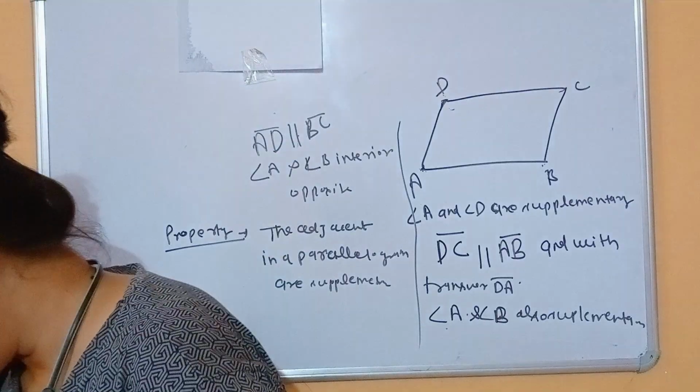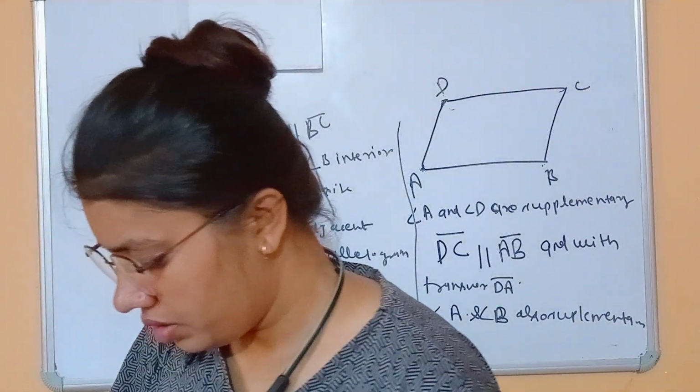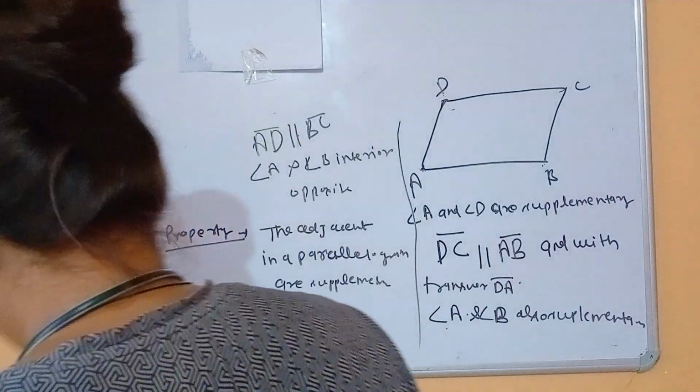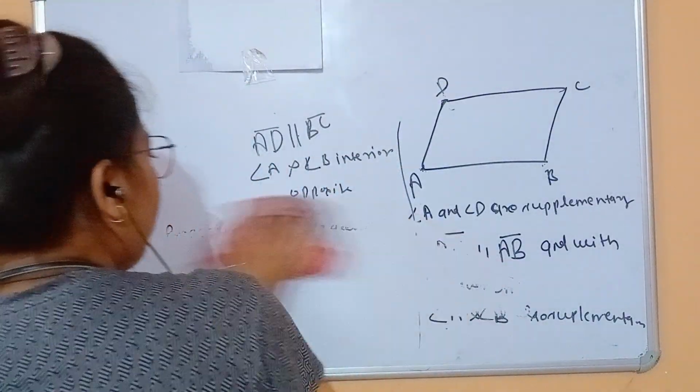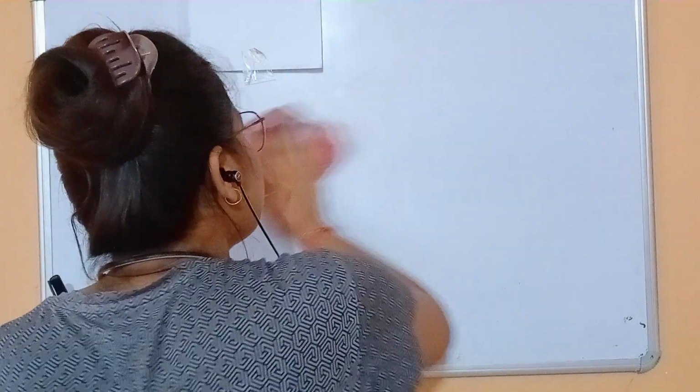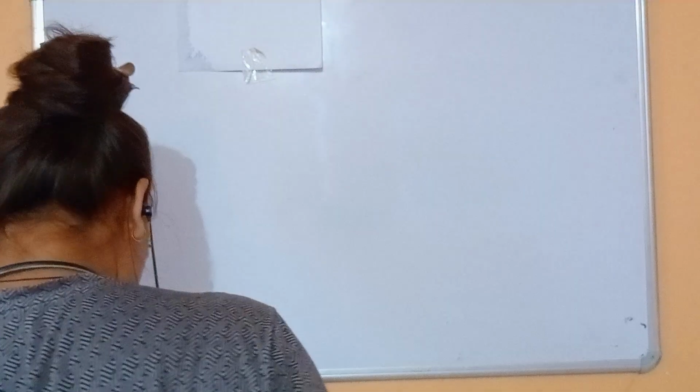So now you understand the property of parallelogram. Now we understand question number 5. What is in question number 5? Question number 5 says, in a parallelogram RING.